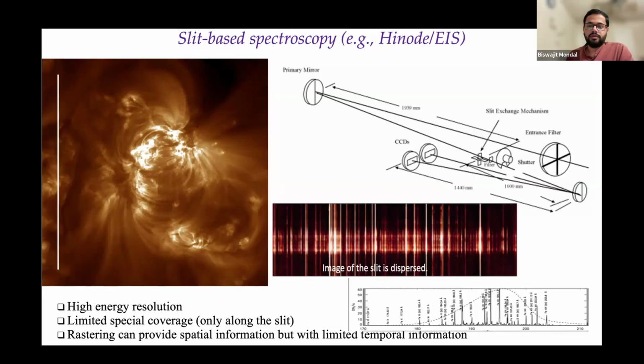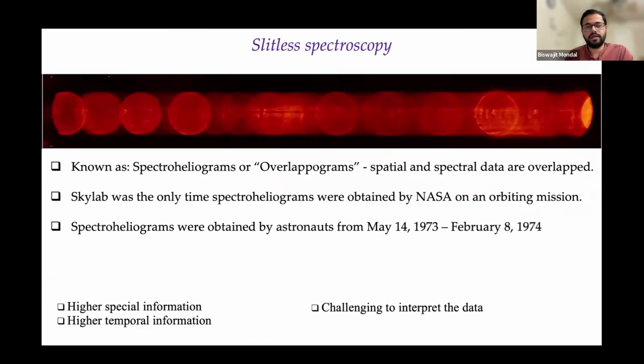All these problems can be solved with slitless spectroscopy, where we can get the spectrum without a slit. This is one example where you can see the repeating image of the Sun. These repeating patterns are associated with different wavelengths. This is an example of slitless spectroscopy from the early 1970s, the first slitless spectrogram, flown by NASA on board Skylab.